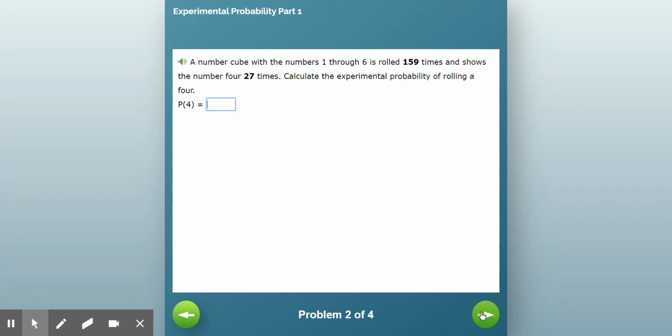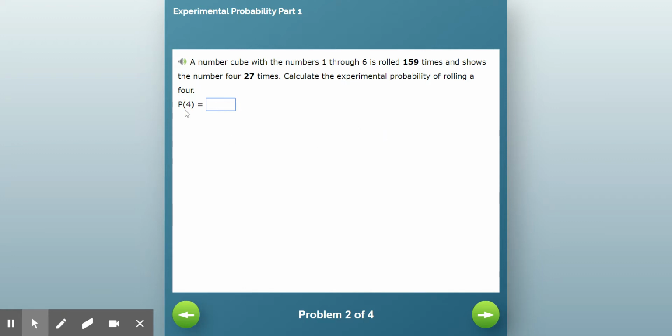So let's do a word problem. A number cube with the numbers 1 through 6 is rolled 159 times and shows the number 4 27 times. Calculate the experimental probability of rolling a 4. So I've got to know the number of times the event occurred, or the number of trials, which is 159, and the number of times the outcome happened that I am looking for.